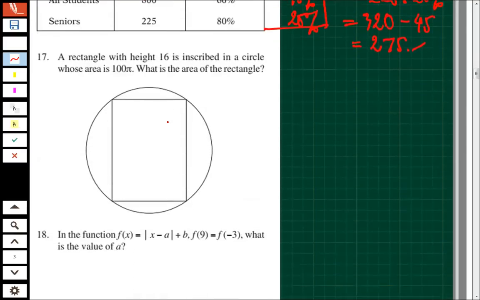Question number 17. A rectangle with height 16 is inscribed in a circle whose area is 100 times pi. What is the area of the rectangle? First, we draw the center, and here is the radius.